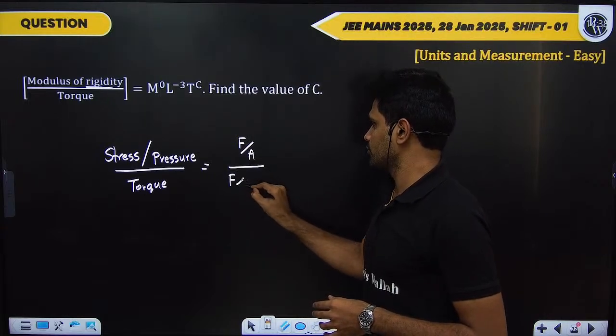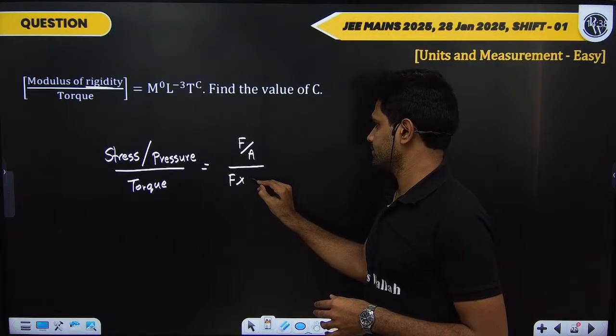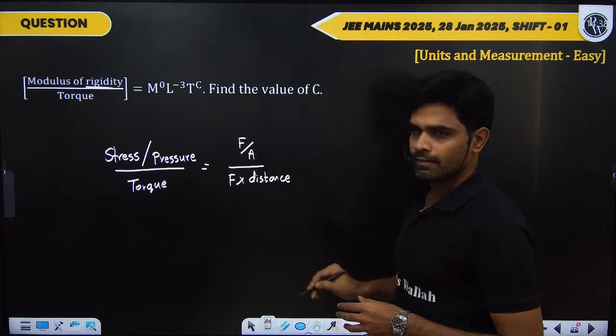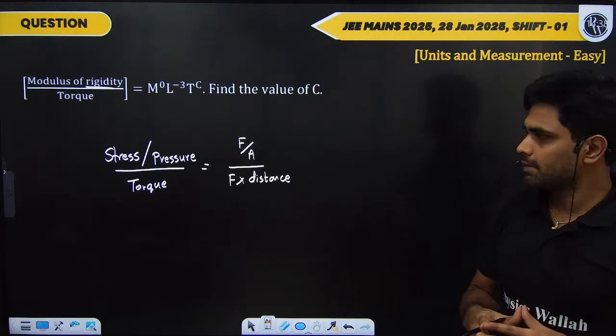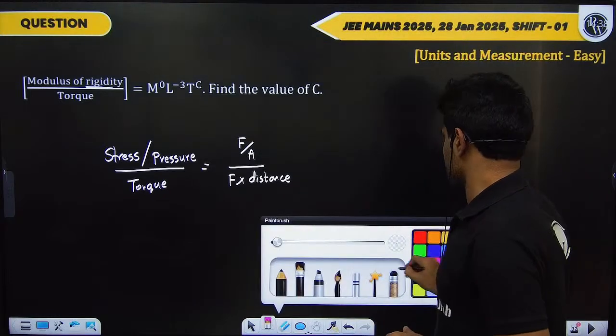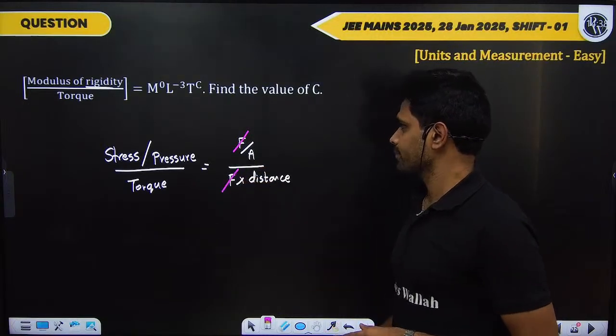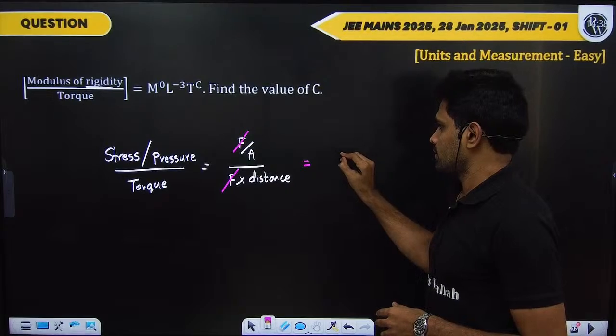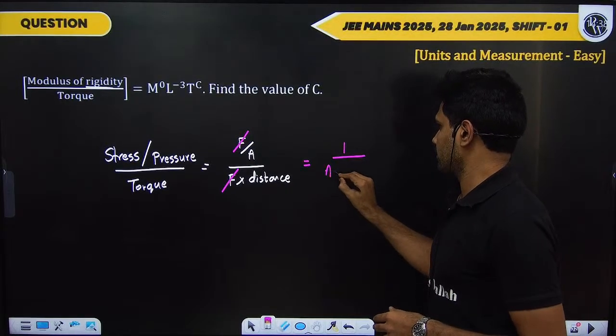Torque is force times distance. It is simple. Cancel force, and what we are getting is torque by area into distance.